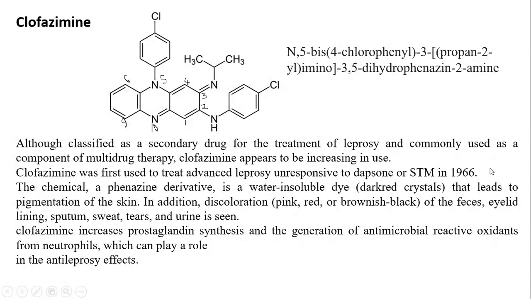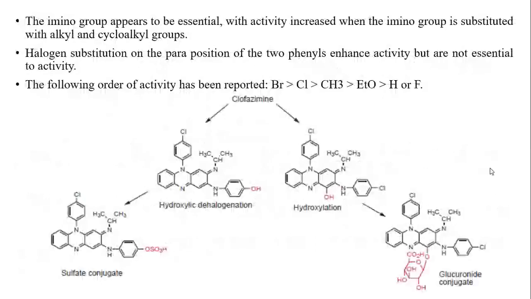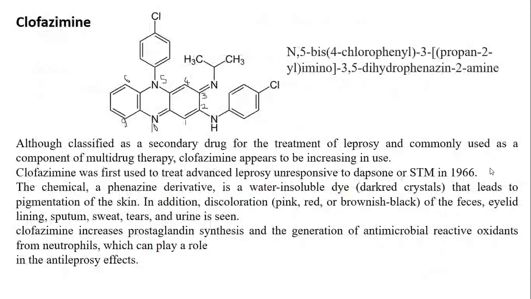This clofazimine increases prostaglandin synthesis and the generation of antimicrobial reactive oxidants from neutrophils, which can play a role in the anti-leprosy effect. So this is the mechanism of action of the clofazimine. That is, this drug increases prostaglandin synthesis and generates reactive oxidative radicals that are used against the bacteria, that is Mycobacterium leprae.